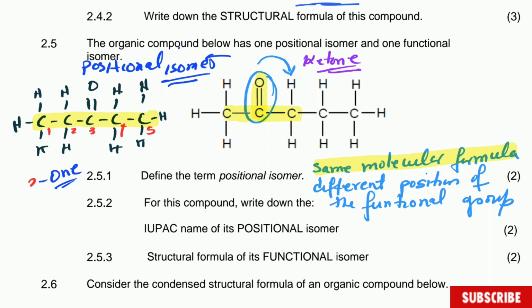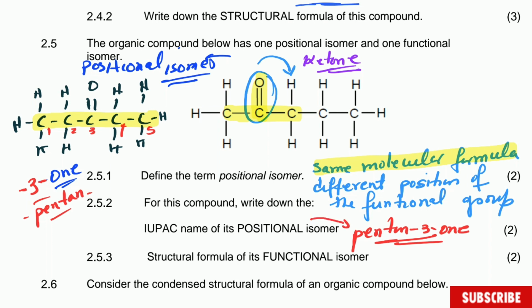So it must be given in the carbon in which the functional group is located. It is 5, so it's pent. Then you say pentan because it's a ketone, guys, and thus there's no substituent, nothing else. The name of this compound is going to be pentan-3-one. That is the answer for the positional isomer of that compound.